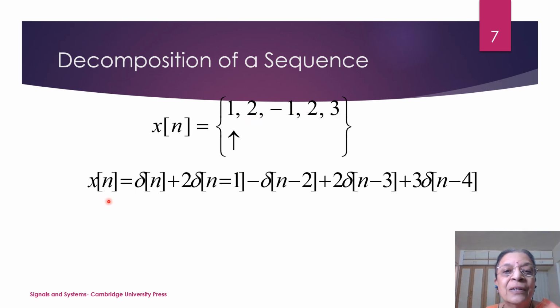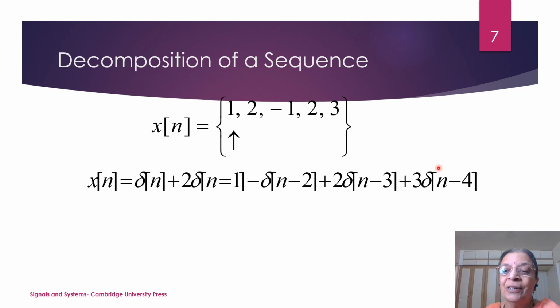So how do I write x[n]? x[n] is equal to delta[n], that is the value at n equal to 0, then for n equal to 1, twice delta[n minus 1]. Why twice? Because here the value is 2. Minus delta[n minus 2] plus 2 delta[n minus 3] plus 3 delta[n minus 4]. This is how I decompose the input x[n] in terms of scaled and translated delta functions.